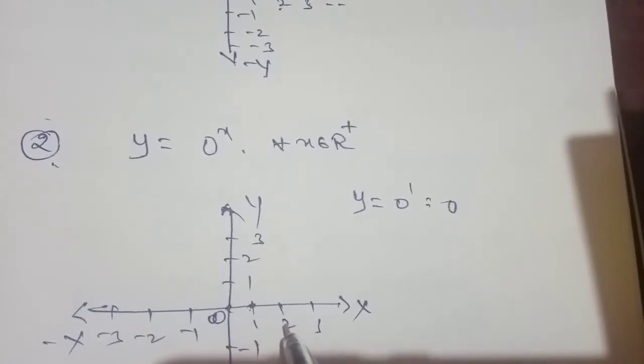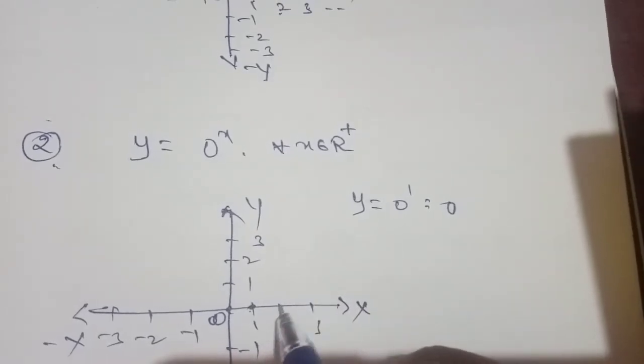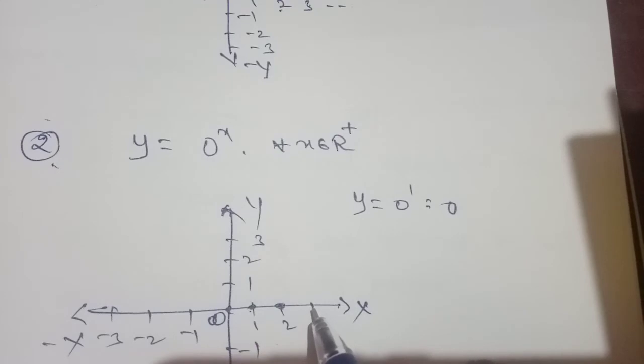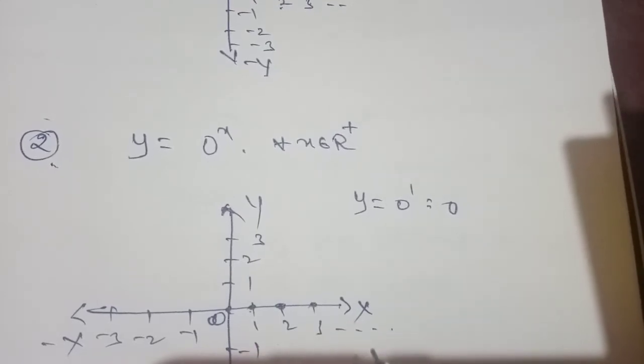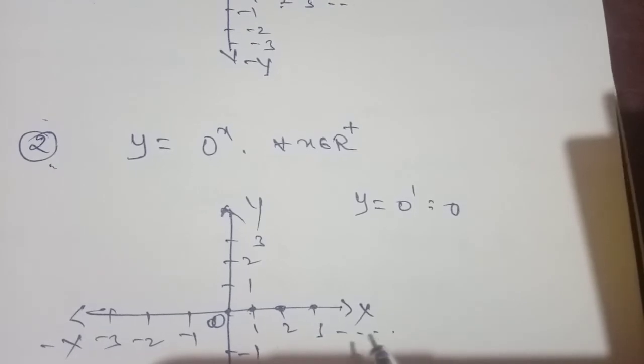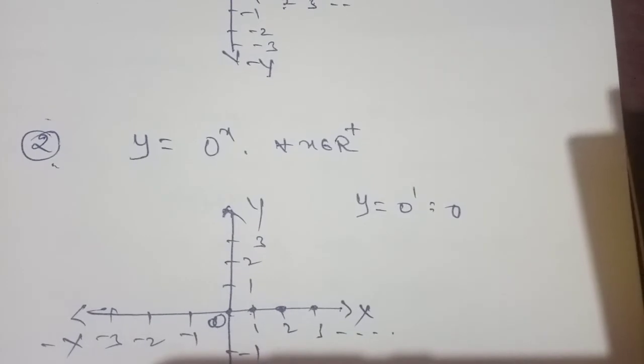If I give x is equal to 2, 0 squared is obviously 0. If I give x is equal to 3, it is obviously 0. By continuing for all positive values of x, I get 0 values. Let us see the case of negative values.